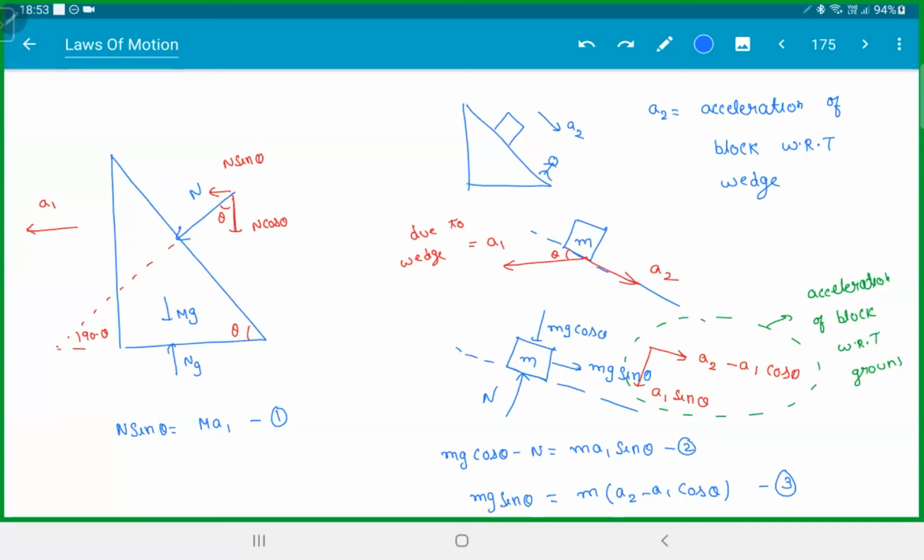Any step you're not convinced or not clear, please ask. Clear?